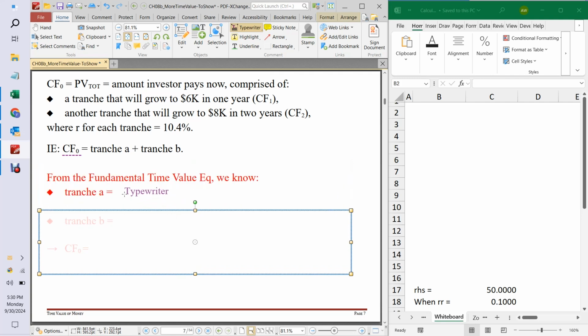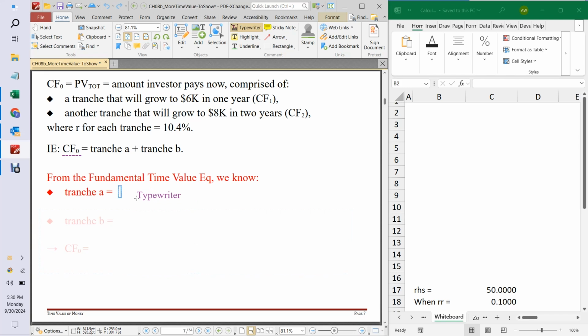So for tranche A, we know that the PV of A is equal to the FV of A divided by 1 plus R raised to the 1, because that's just growing for 1 year. And so that PV of A is equal to 6 divided by 1 plus 10.4% raised to the 1.